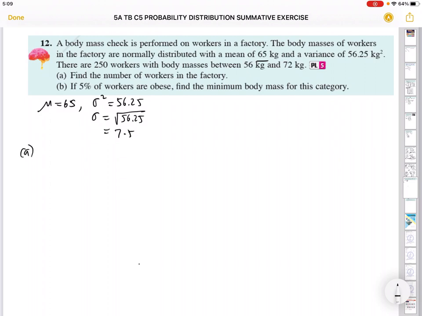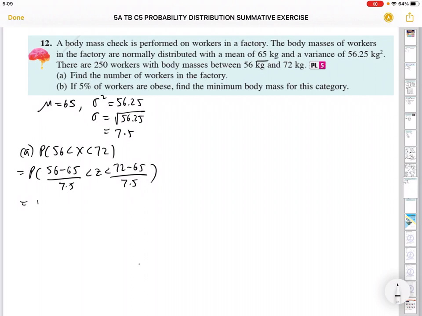We standardize this: minus your mu, divide by your standard deviation. 72 minus 65, divide 7.5. So this is 1.2, and the other is 0.933. I'm using decimal. We know that this is supposed to be 1 on the left, 1 on the right, and it's in between.